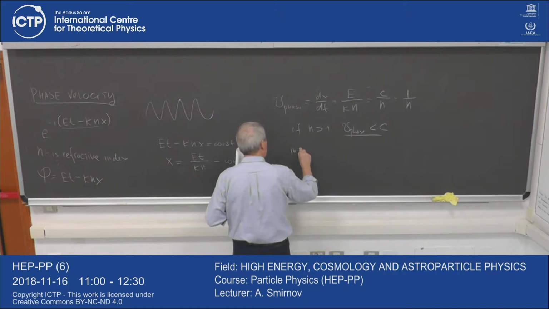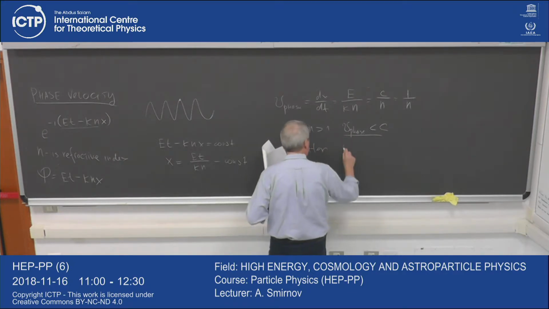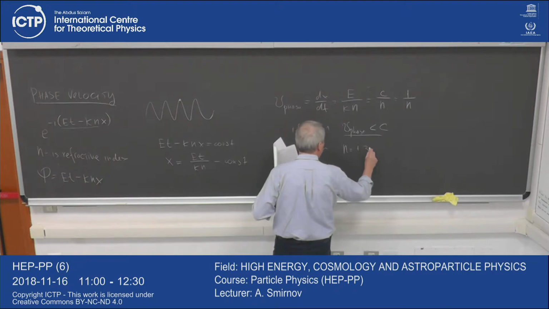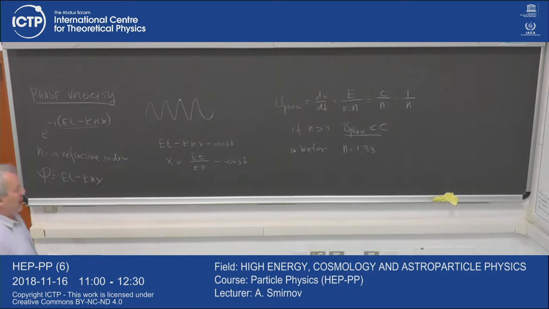In water, n equals 1.33, which deviates substantially from 1, and therefore the phase velocity of light is substantially smaller than the velocity of light in vacuum.